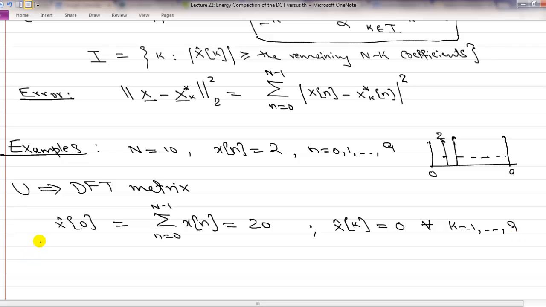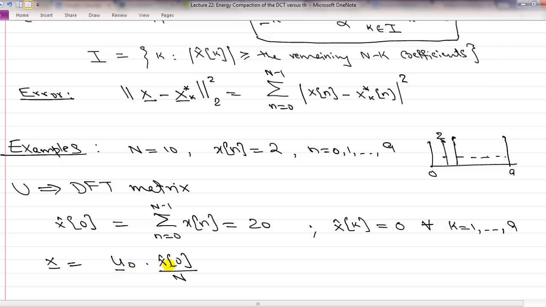So your x is simply given by u0 times x hat 0 over n. Alpha, in the case of the way we have defined DFT, is n. Right?